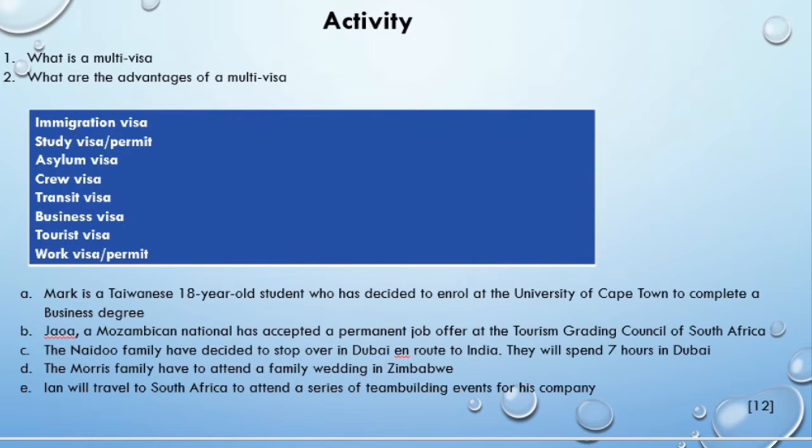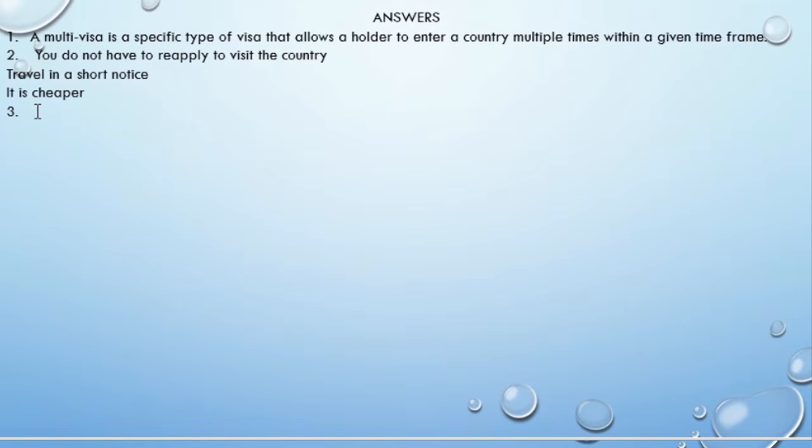Okay, so let us look at number 3. We have a box here of different types of visas and scenarios. A says, Mark is a Taiwanese 18-year-old student who has decided to enroll at the University of Cape Town to complete a business degree. So he would require a study visa or permit.